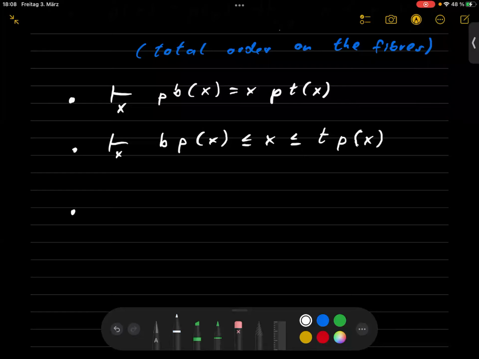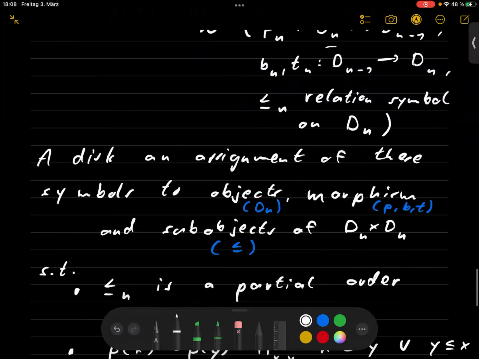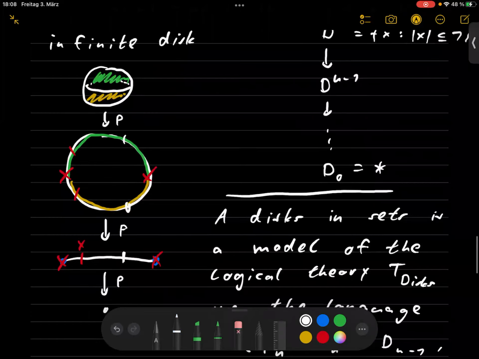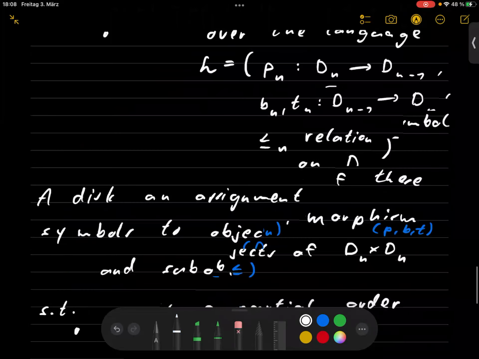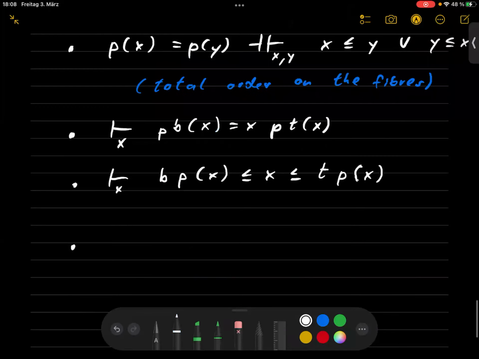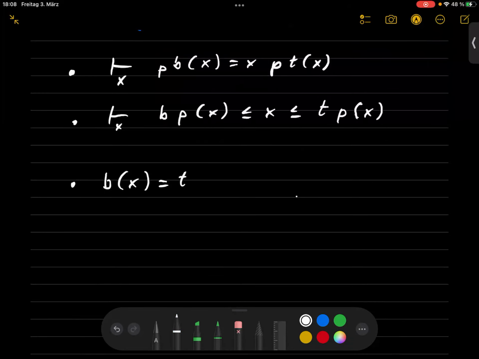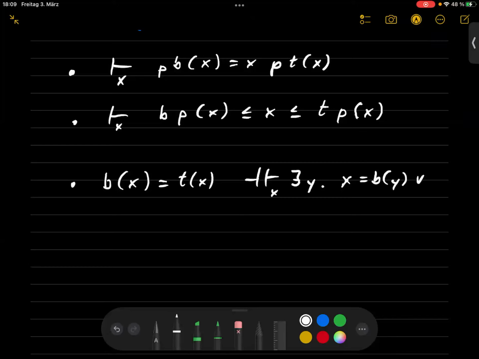And it says that the two embeddings are the same, b of x is the same as t of x, if and only if there is a y in the lower dimension such that x equals b of y or x equals t of y.